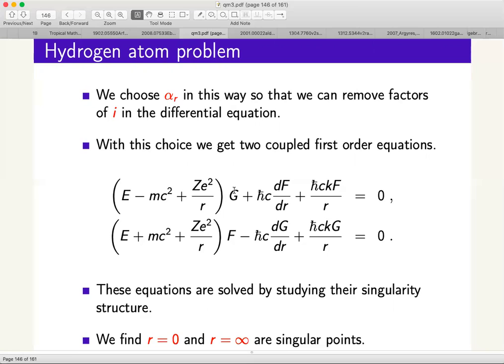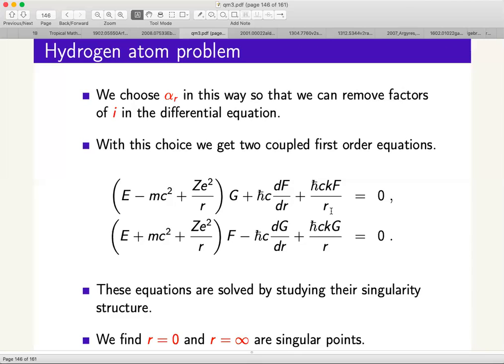Now r going to infinity would correspond to rho going to 0. And then you find 1 over rho squared sitting here, e minus mc squared divided by rho squared, z alpha by rho, and then there is no rho here, just the derivative with respect to rho, and then there is a rho in the denominator here also.